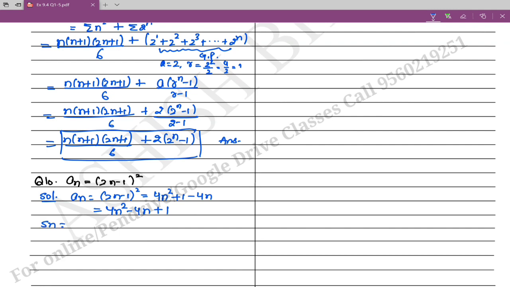Now Sn will be equal to the summation of an, which will be equal to the summation of 4n square minus 4n plus 1, which is equal to 4 times the summation of n square minus 4 times the summation of n plus the summation of 1. Now 4 into the summation of n square is n into n plus 1 into 2n plus 1 by 6, minus 4 times n into n plus 1 by 2, and the summation of 1 is n.